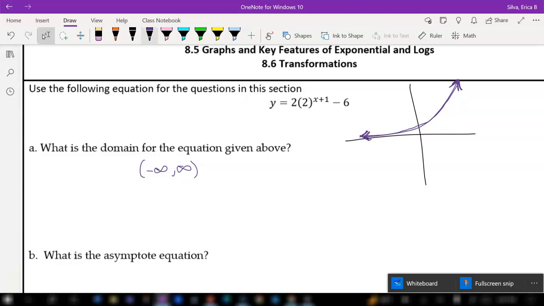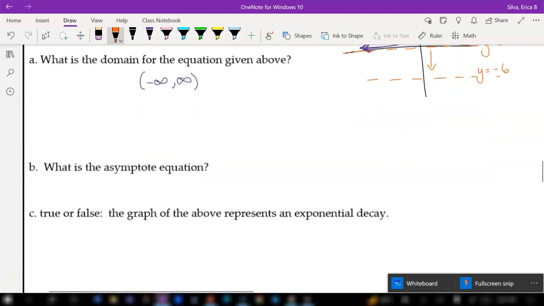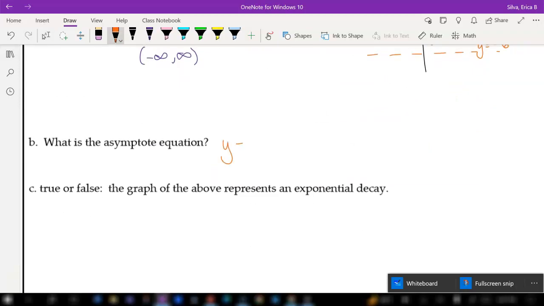Now the asymptote to that equation, remember my asymptote starts at the x-axis, so at y is equal to 0. If you notice, this is shifting down 6 because my k is equal to negative 6. So my asymptote is also going to shift down 6 units. So the asymptote for this equation is y is equal to negative 6.